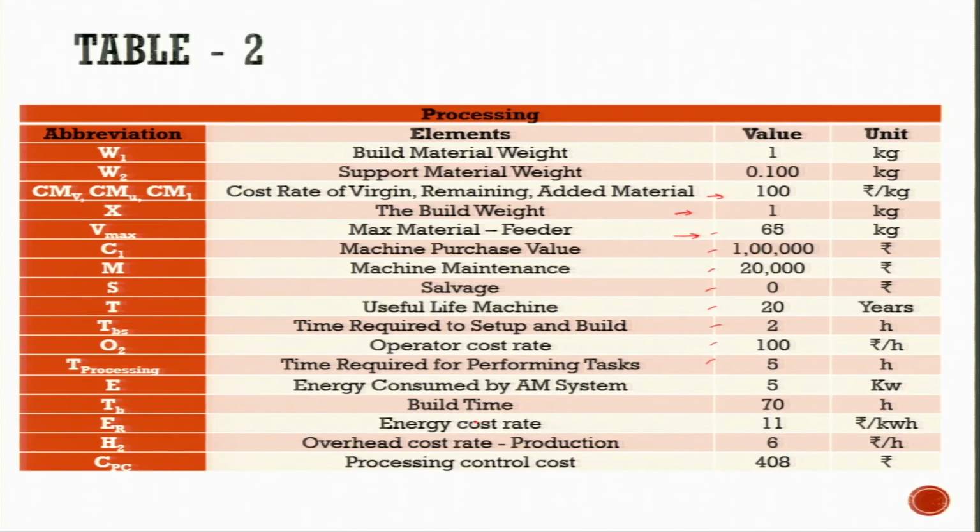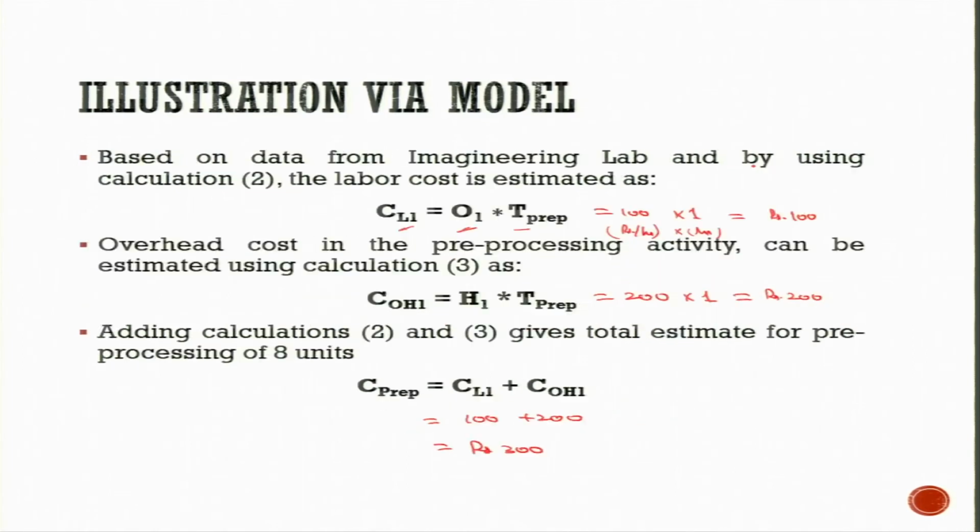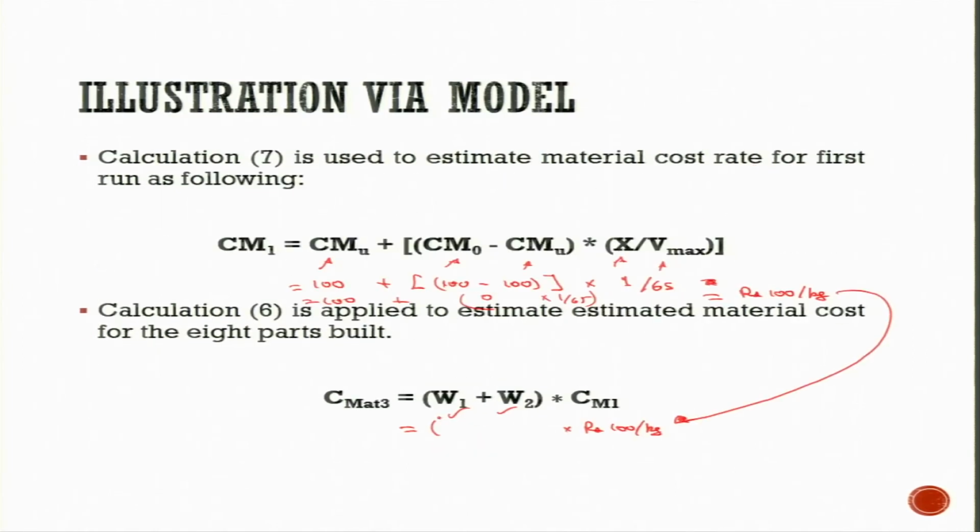So, weight of the material, that is the build material weight is given here, and support material weight is 10% of that. So, this gives me 1 plus 0.1 into this. This becomes 1.1 into 100 is equal to 110 rupees.